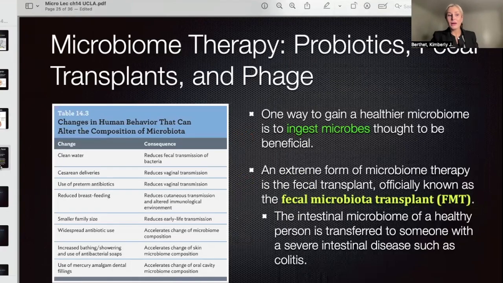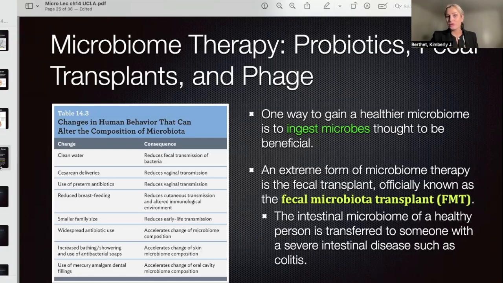Okay. So the last thing I want to cover is an FMT, a fecal microbiota transplant. When people have severe gastrointestinal disorders or distress, where it is compromising their livelihood, maybe they have continuous diarrhea, these kinds of things, so severe cases of gastrointestinal disease, one option that's considered is a fecal microbiota transplant, an FMT, which is actually the fecal matter from a healthy individual.